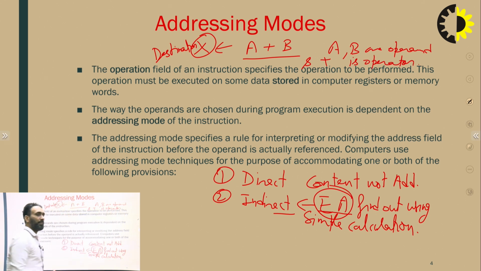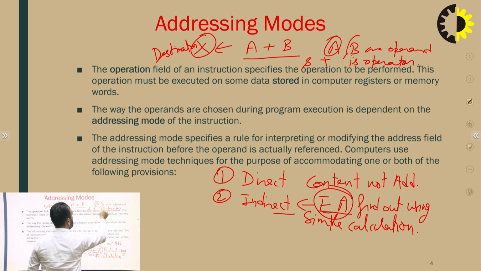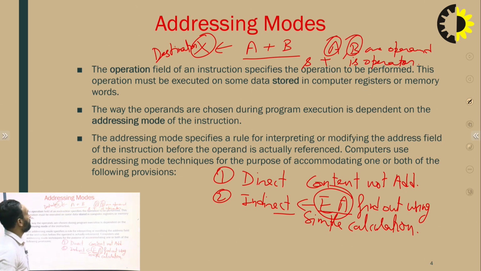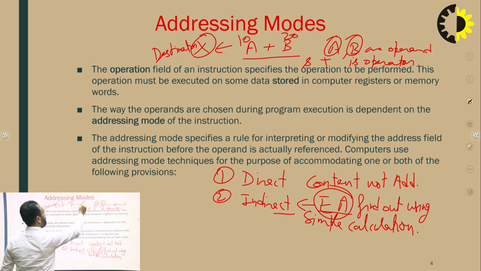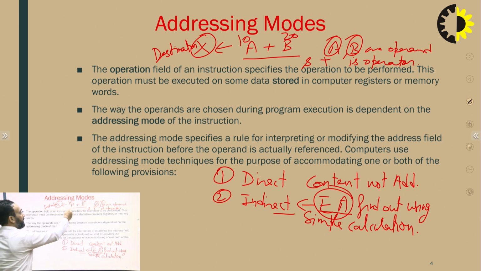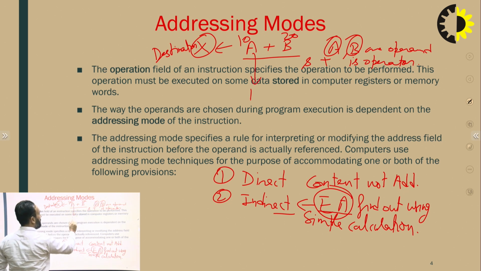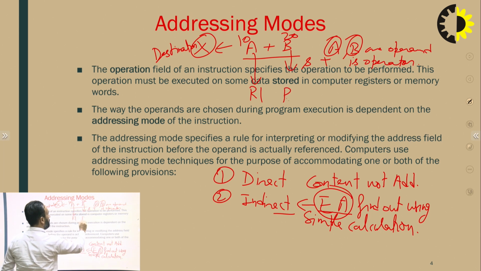We require some space in a register to store the value of a and the value of b. For example, a holds 10 and b holds 20. The value of a is stored in register R1 and the value of b is stored in R2.